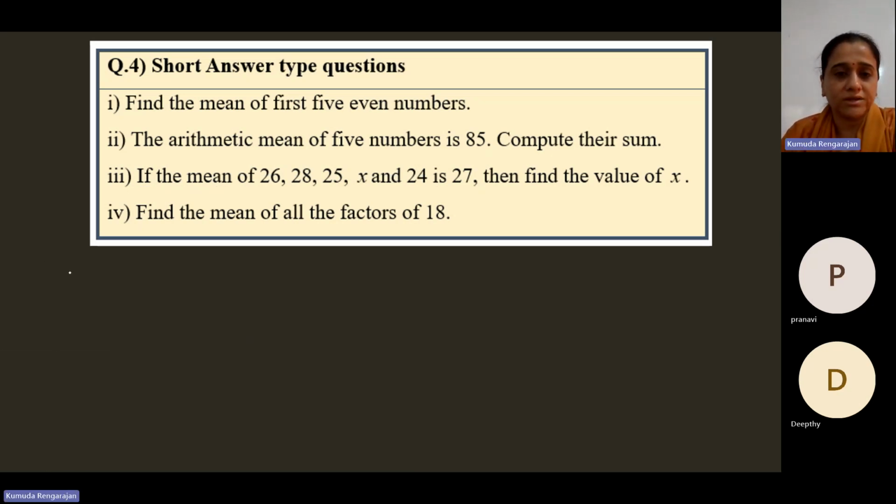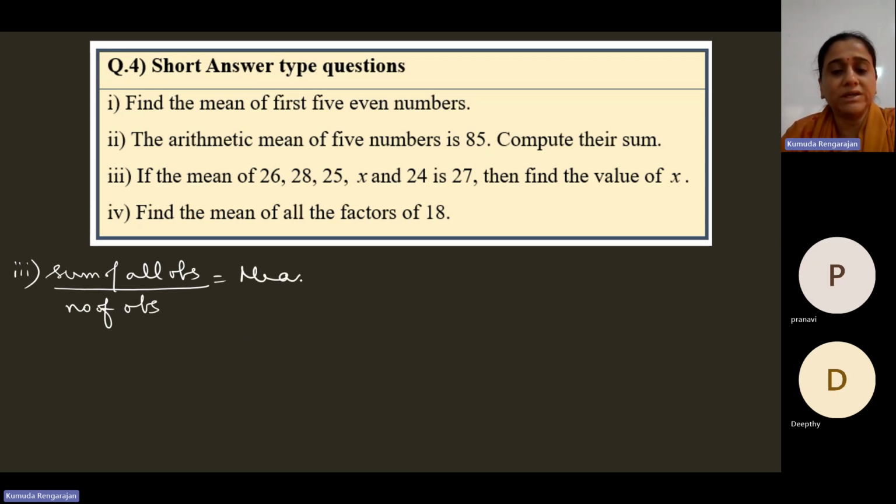So write the formula. Sum of all observations divided by number of observations is equal to mean. Whenever mean is given, you write the formula like this.